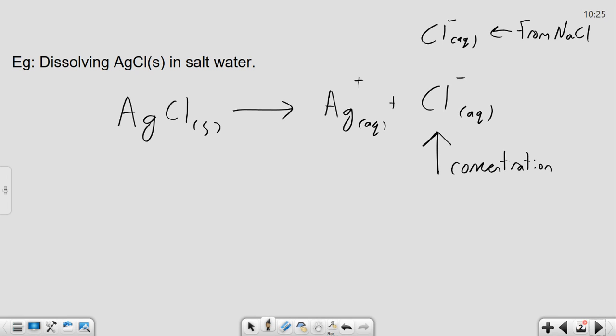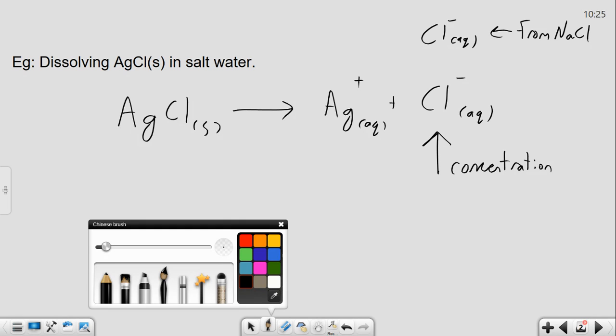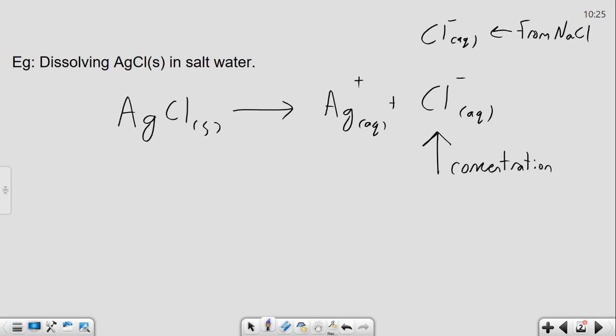So if you guys remember back to Le Chatelier's principle, if I increase the concentration of one of the products, what happens? Well, Le Chatelier says if you add a stress to a system, it's going to try and get rid of that stress. And so to get rid of that chloride, the whole reaction is going to shift back to the left. I should have had a double-headed arrow there because this is an equilibrium. And so I'm going to reduce my chloride a little bit, reduce my silver a little bit, and increase the amount of solid I have.